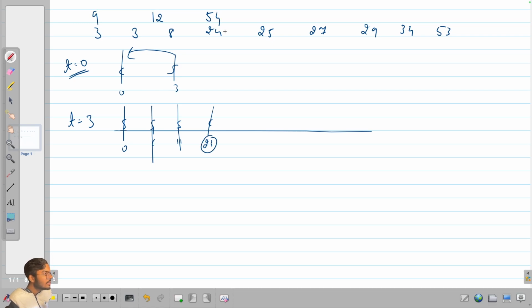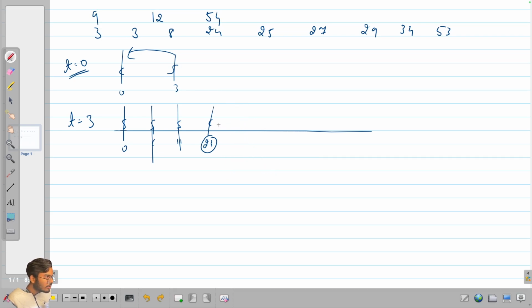Okay, and the crow will be at position 23. Now let's talk about this scarecrow which is at position 24. Now this scarecrow can go leftwards to 21, or it can go rightwards to 24 plus 3 is 27. So obviously there is no point in going right. It can easily cover this. So in 3 seconds, it can easily wait for the crow to come at position 23, right? So what will happen is these two will exchange the positions.